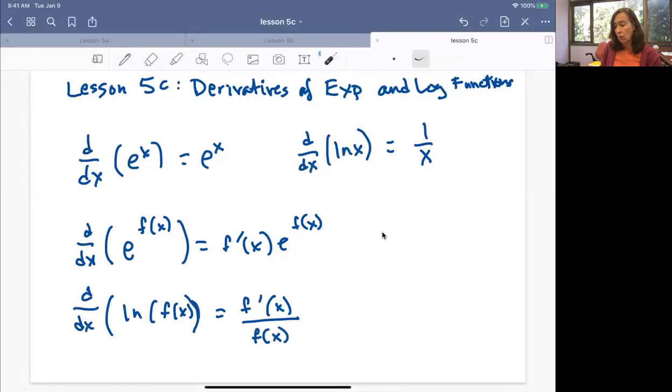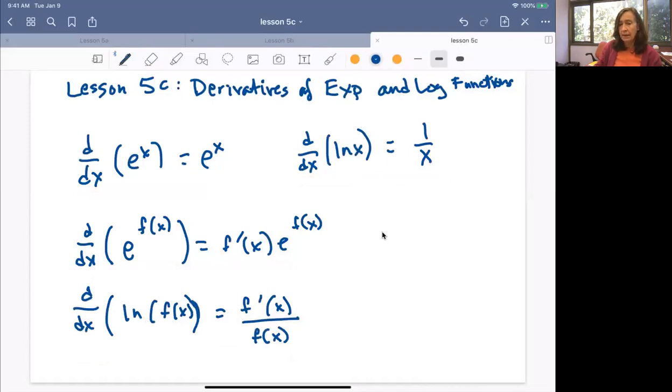The derivative of log y is 1 over y. The derivative of y with respect to x here is just the derivative of the inside. So we've got the basic facts about the plain vanilla version of these functions and formulas for how to use them along with the chain rule. I'll do a quick example of each.